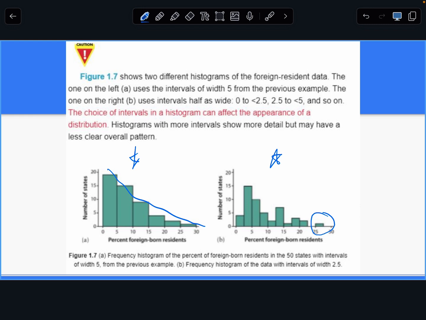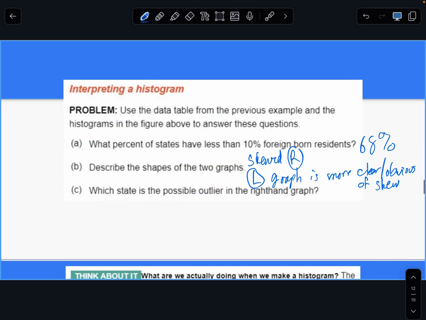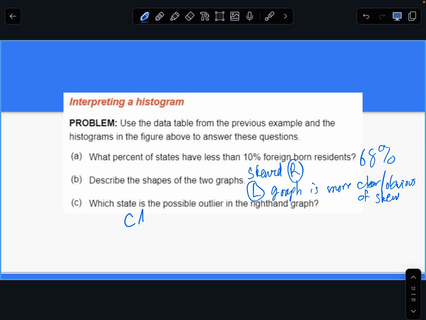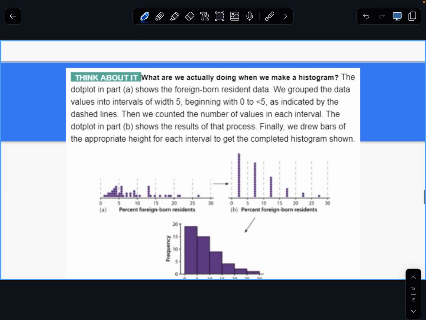Yes, California was 27.1, and so that would be that answer there. That would be California. And again, if we were just looking at graph A, the left-hand graph, we wouldn't even call it much of an outlier. So your intervals can make a difference of what you are seeing.